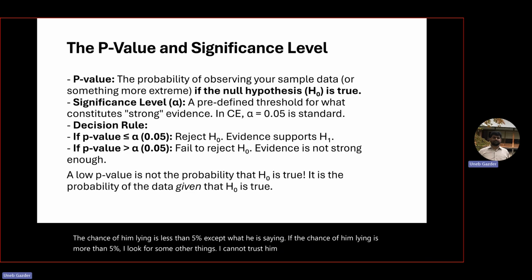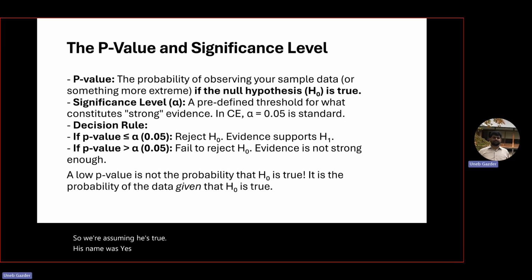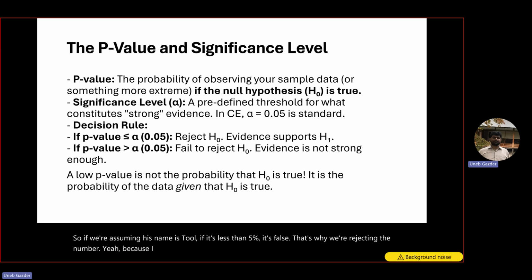If it's less, we're rejecting the number. Sorry? Rejecting the first assumption we got, right? No, we're assuming he's true. His name is, yes. Then why, if it's less than 5%? Oh, so if we're assuming his name is true, and it's less than 5%, it's false. That's why we're rejecting. Because our hypothesis default is that he is true.